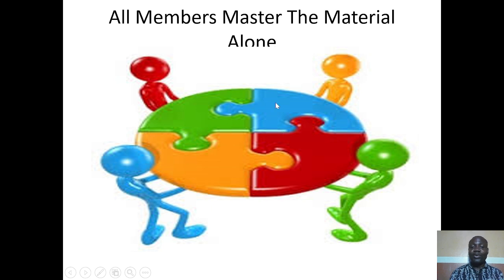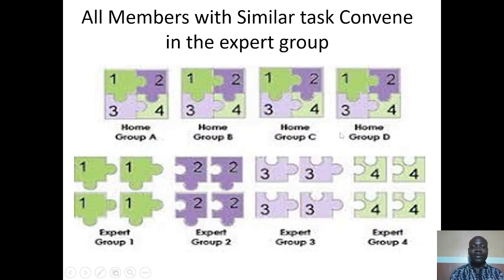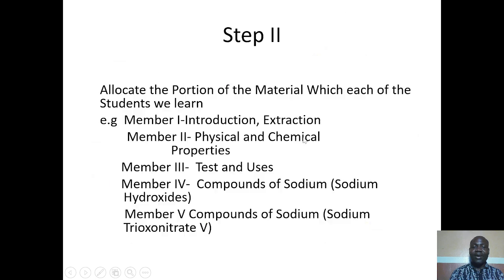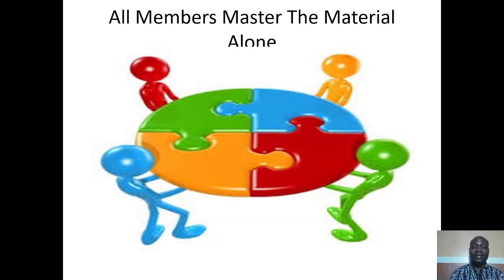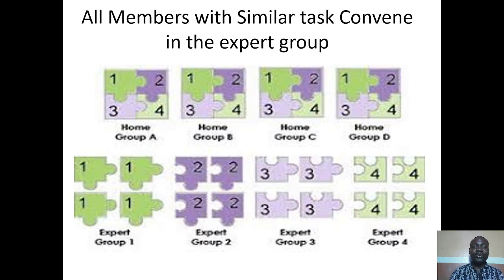So by the time it's broken down, we have home group A, this lemon color or green, 1, 1, 1, 1. That means all the people that pick that topic, let's say it's introduction and extraction, that's the formation of the expert group. All the people that picked the introduction and extraction, they are 1. So they will be learning it together in their group.